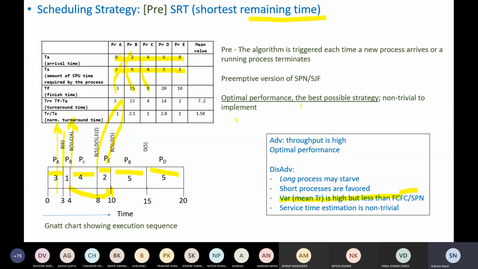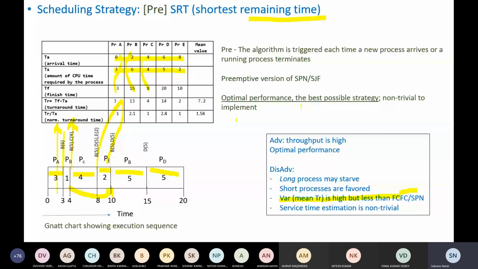So this also has got problems, like we cannot estimate the service time requirement properly, but we can have some mechanisms to find out the possible values from the previous history, that also we have discussed.